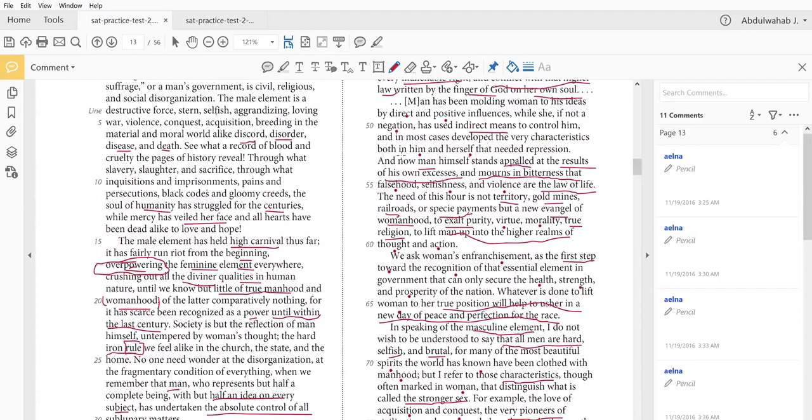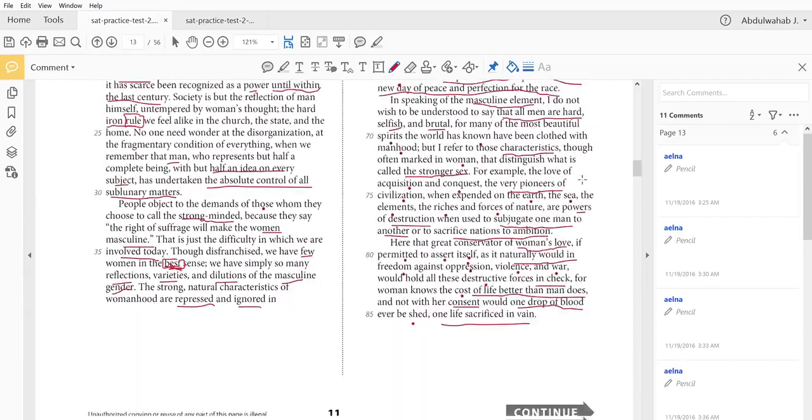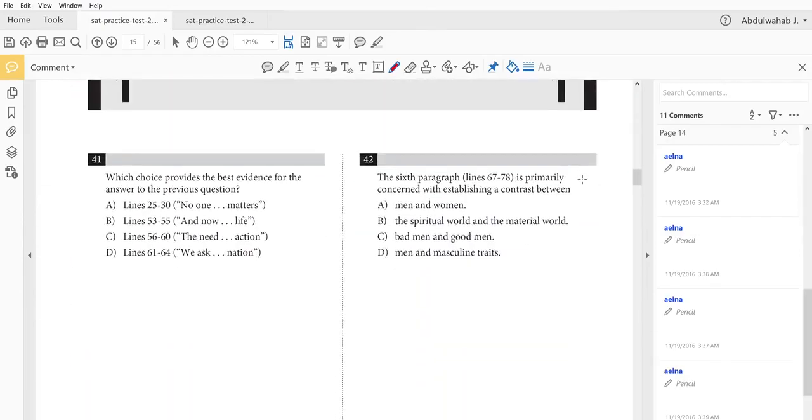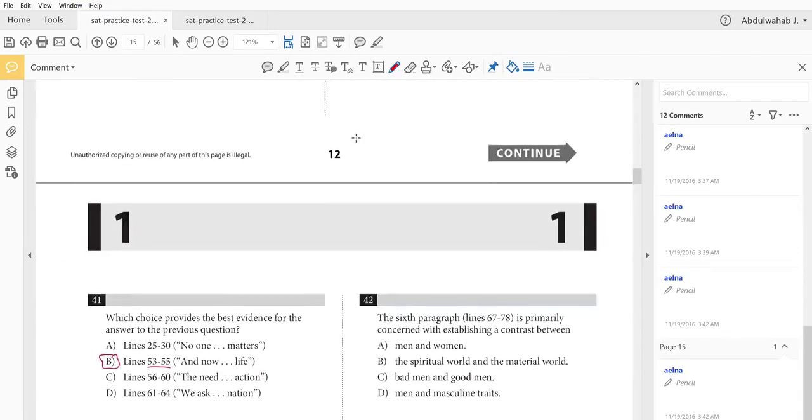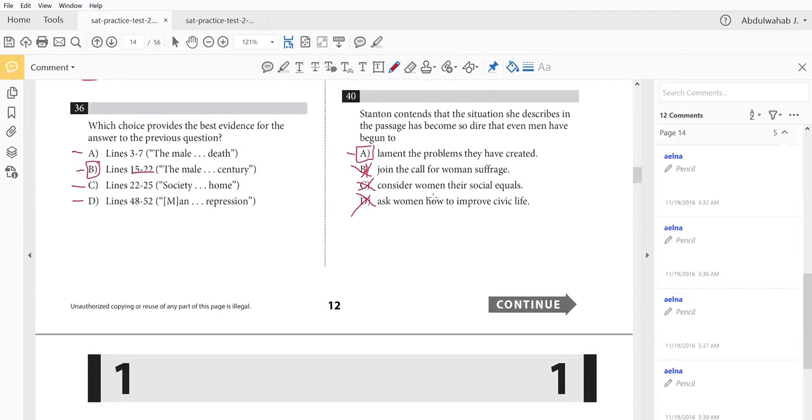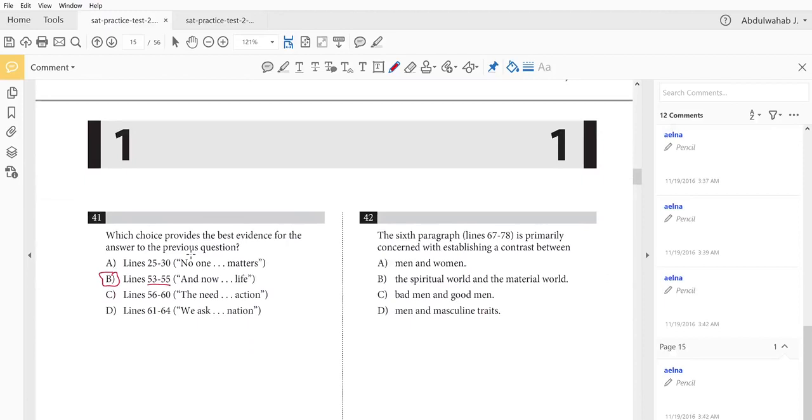This is on line 53, and it ends in 55. And voila, 53, 55. So again, I really don't waste my time. Because when you're confident of your answer on the first one, there's no need to waste time on the second one because you know where you got this information from.